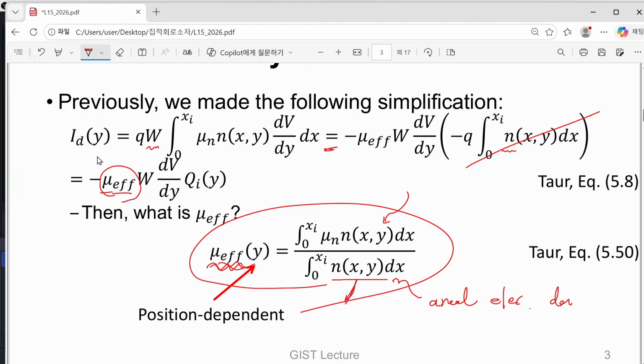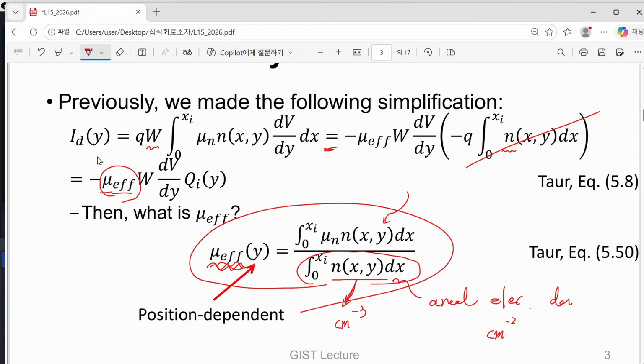The electron density itself is per cubic centimeter. However, we integrated over the vertical direction, so we have a quantity per square centimeter, per unit area. How many electrons are found? That is information taken from this one.